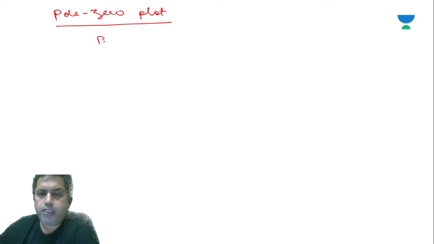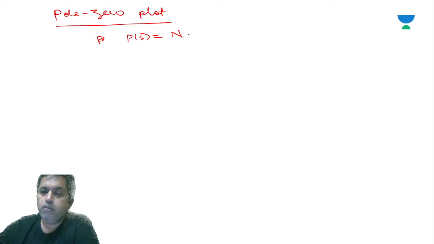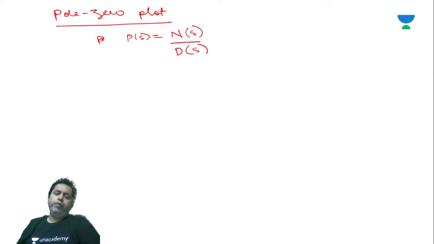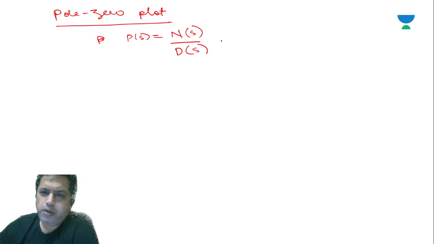Let us say we have a polynomial P(s) in terms of s, in terms of N(s) and D(s). This is the numerator polynomial and this is the denominator polynomial.